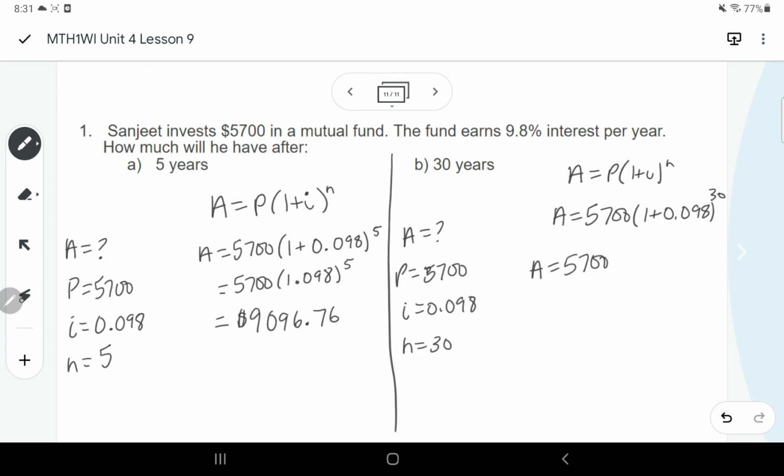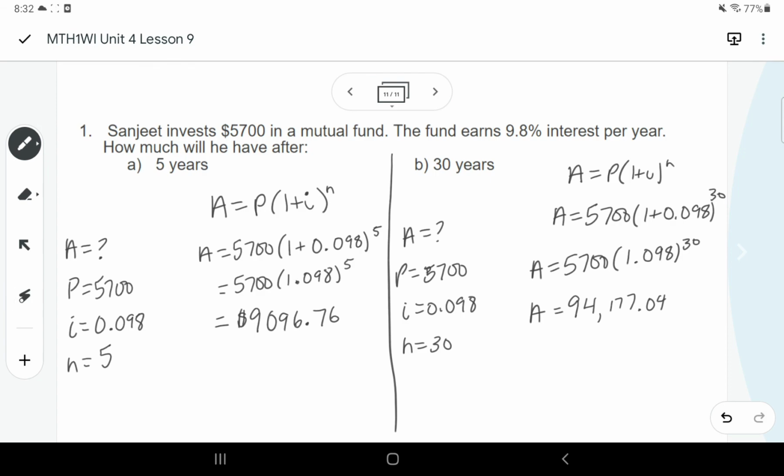So 5,700 times 1.098 to the exponent 30. So on your calculator, make sure you can do that. 94,000, so much more money. $177.04.